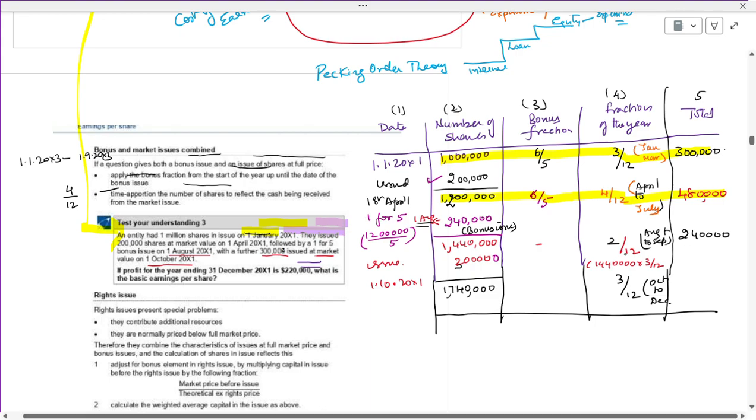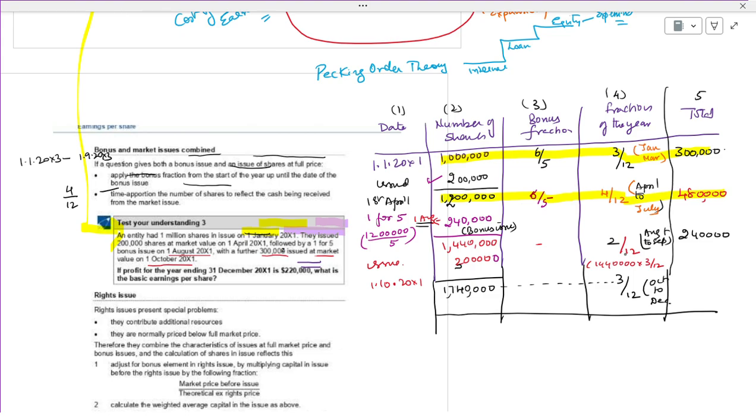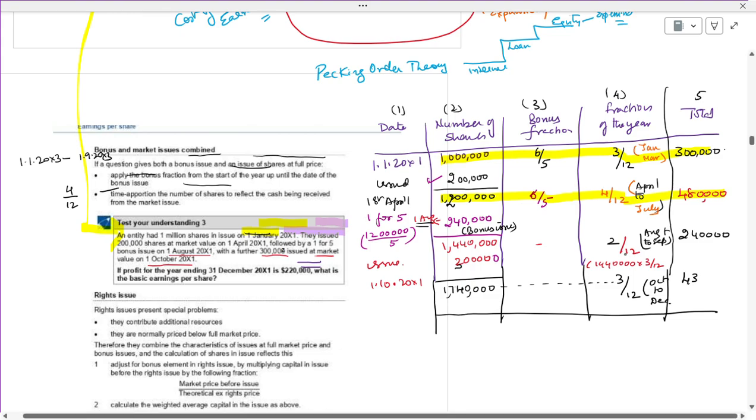But these people are eligible for only 3 months, from 1st October. 1740 times 3 divided by 12. How much will you get? 435. This is the total.